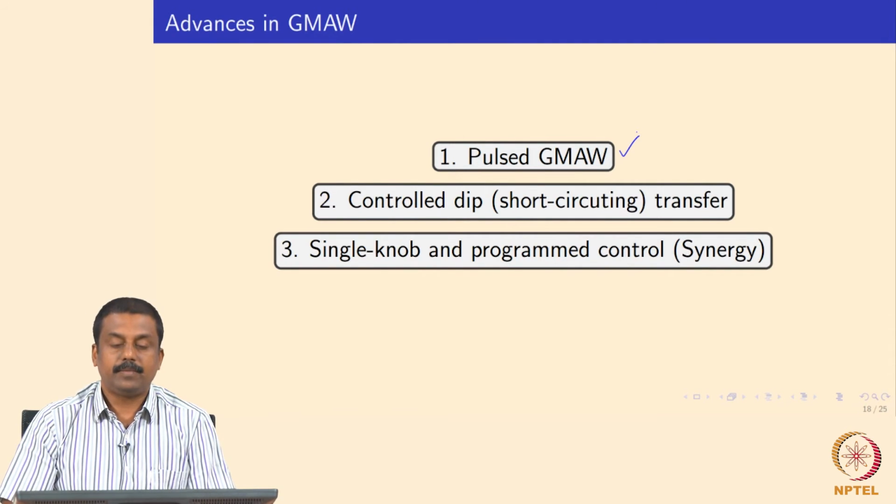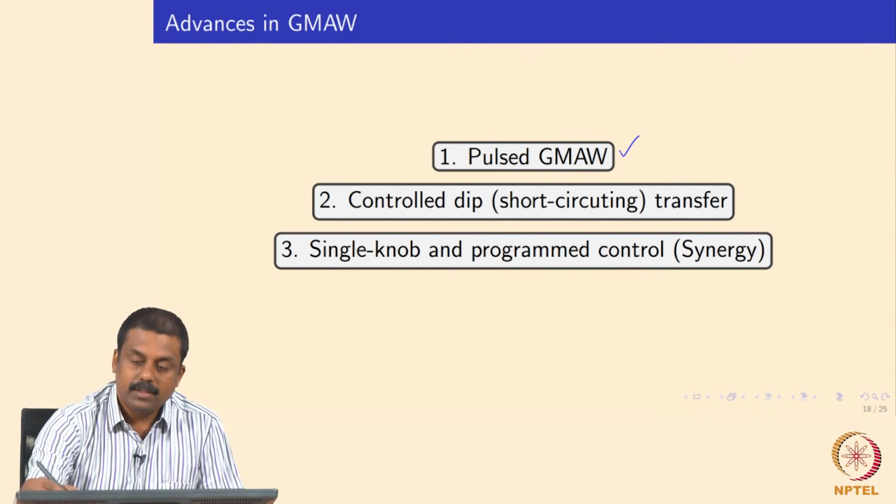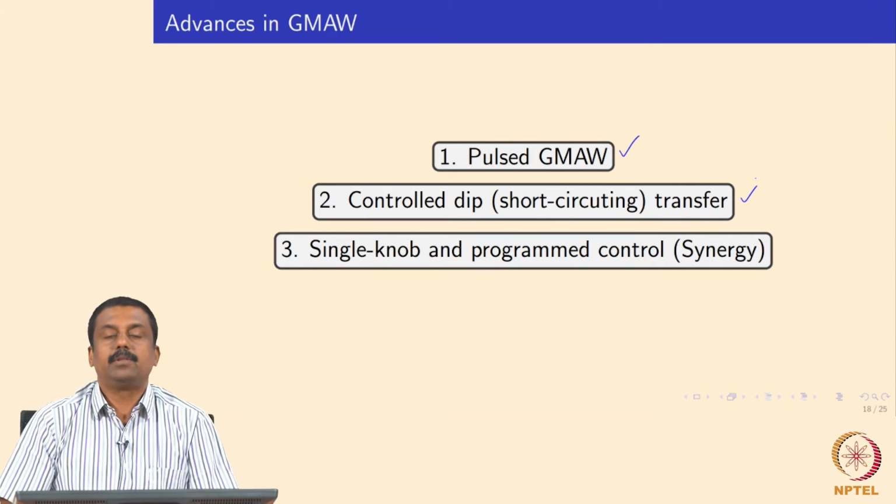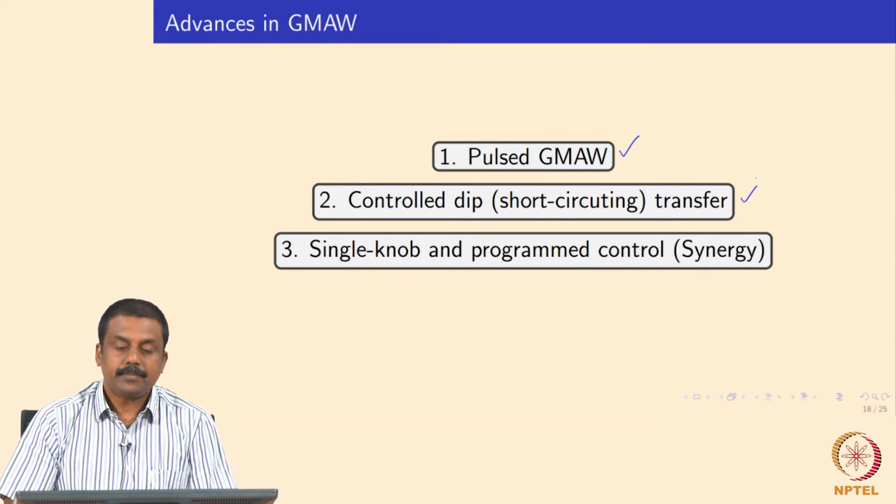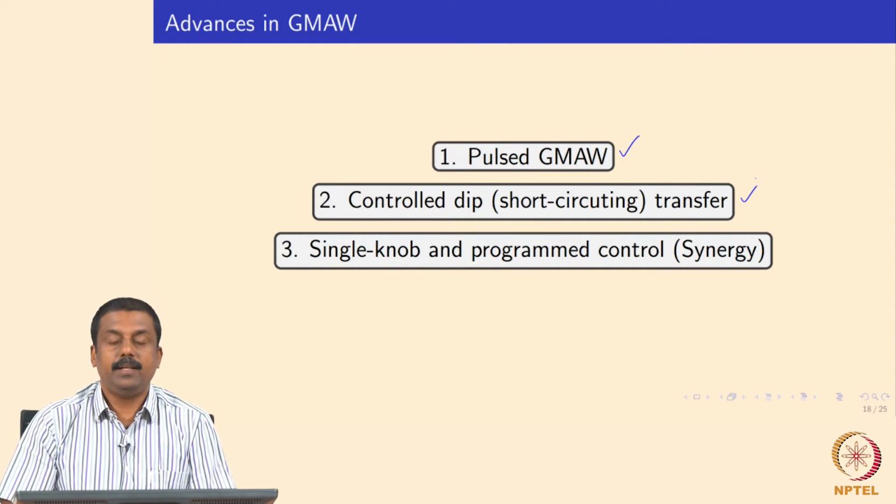Therefore, the heat input of this process decreases significantly, and this process is nowadays used very widely in automotive industries, especially in order to do brazing of low melting filler to join advanced high strength steels, or even to weld aluminum alloys, aluminum and steel joints, where we can significantly reduce the intermetallic formation by reducing the heat input significantly.